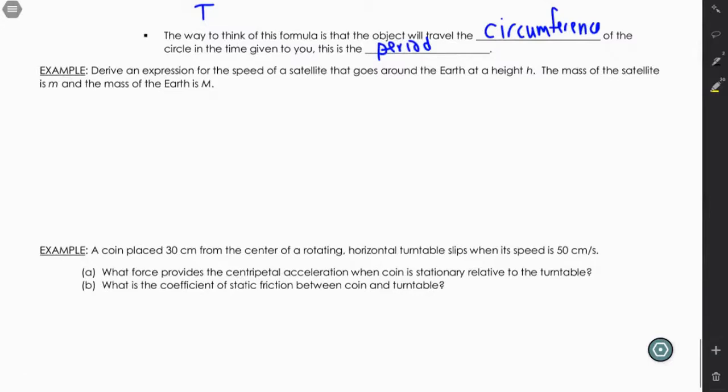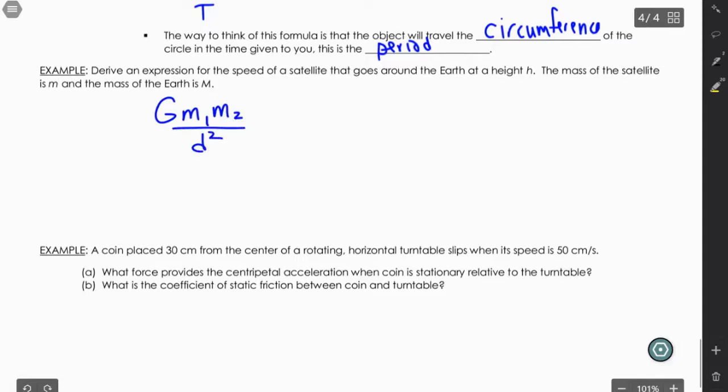We've got to derive an expression for the speed of a satellite that goes around the Earth at a height h. The mass of the satellite is m, and the mass of the Earth is capital M. If we're in orbit, we are experiencing the gravitational force.